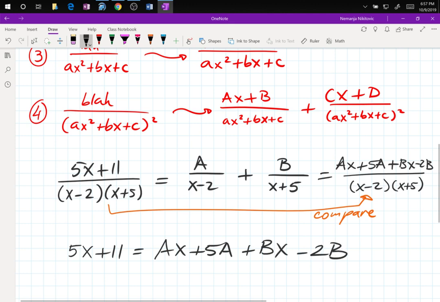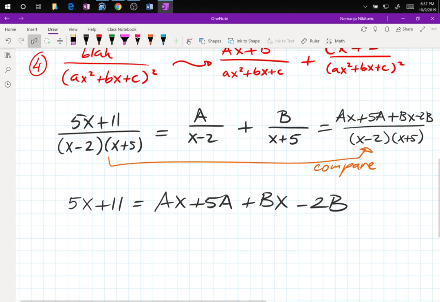All right. We see x on the left and we see x on the right. We see constants on the left and constants on the right. So that's an x term, that's an x term, that's an x term. And in blue, that's a constant, that's a constant, that's a constant.